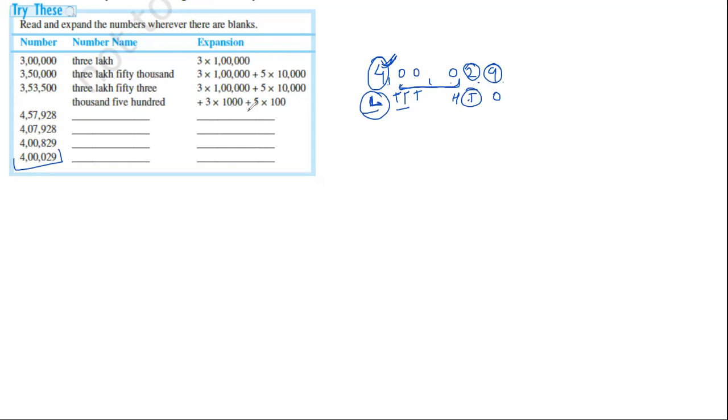Okay, 4 lakh and 829 rupees. 4 lakh and 7,928 rupees. 4 lakh rupees. 7,928 rupees, 3,53,500 rupees, sorry, 3,50,000 rupees or 3 lakh.